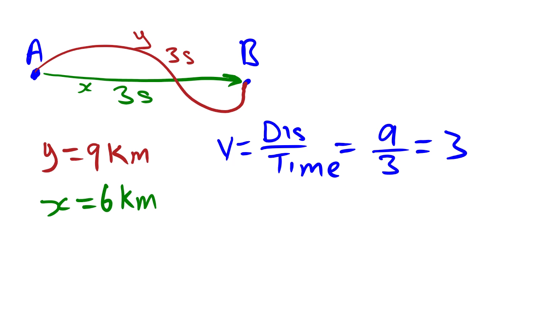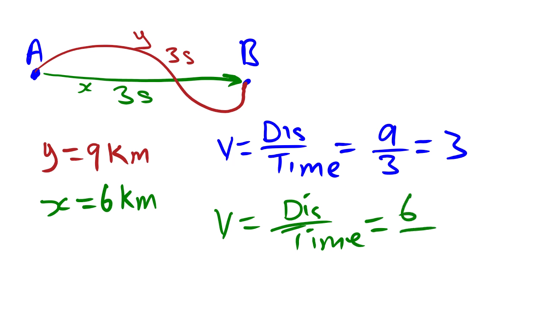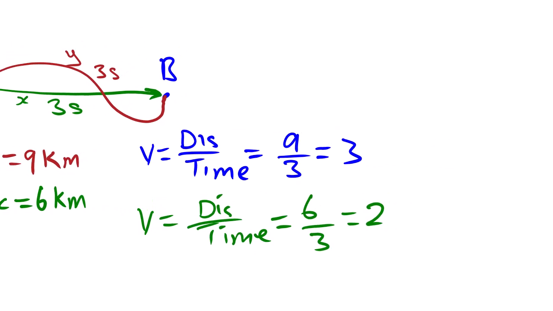Then for X, velocity is equal to distance over time, which is 6 kilometers over 3, which is equal to 2. What is the unit? It is meter per second.